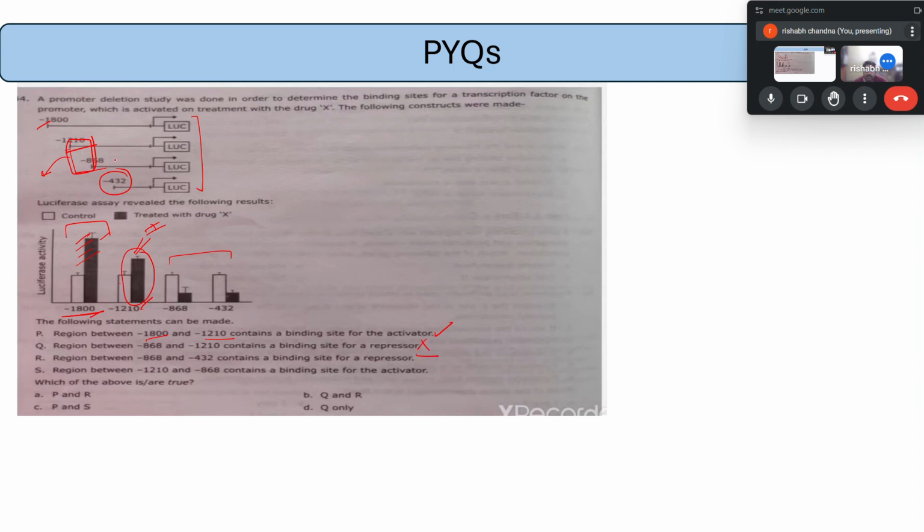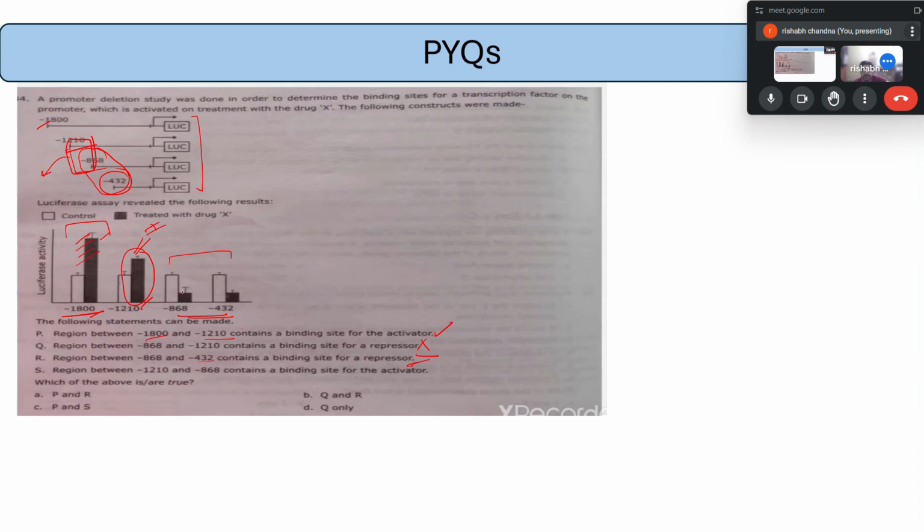Okay, now we see the minus 868 and minus 432 region. Here the activity is minimal in both cases. So what can be deduced is that this region can be the binding site for the repressor. Okay, so the region between minus 868 and minus 432 contains a binding site for the repressor.